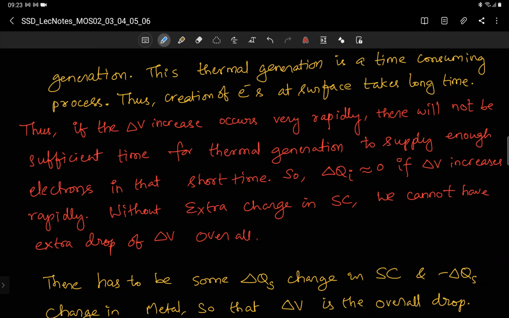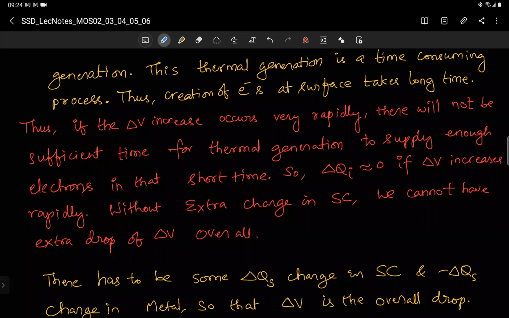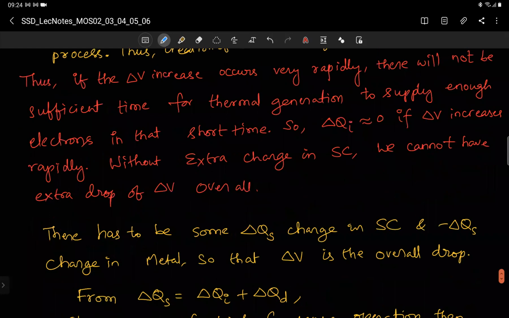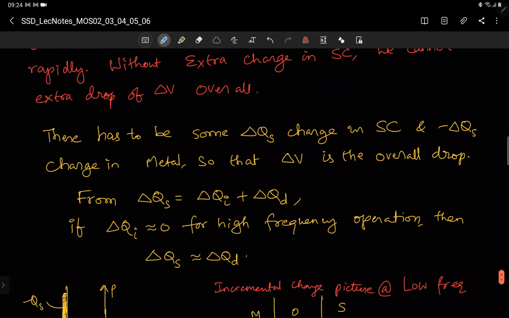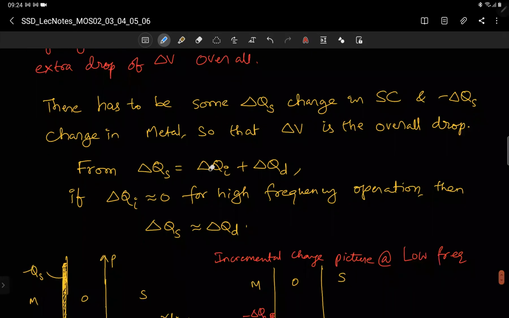But that can happen only from thermal generation, which is a very slow process. So if you increase delta V very rapidly, thermal generation cannot supply electrons. Without extra charge in the semiconductor, we cannot have extra drop of delta V. But you have supplied delta V and electrons cannot come. Then where does the charge in the semiconductor come from? That is the question we should ask.